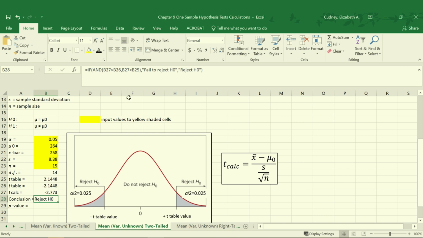We can set this up with our logic within Excel so that we're looking to see if the value falls within the main portion of the distribution, in which case we should fail to reject the null hypothesis.